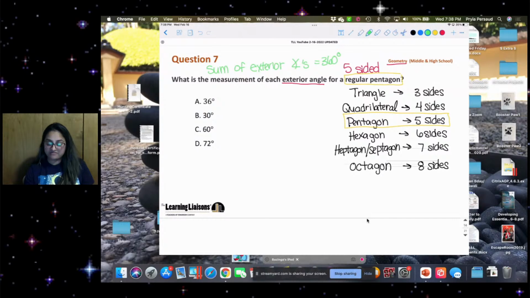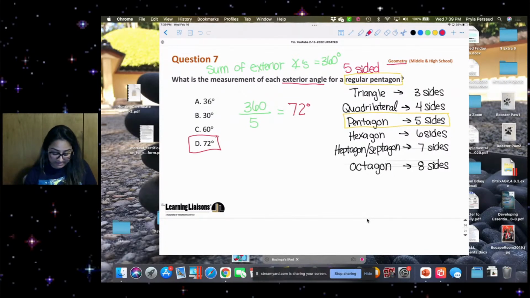So if I have 5 sides, I'll have 5 exterior angles, which means I'll take 360 divided by the number of sides I have, and that will tell me how much each angle actually is. So 360 divided by 5 gives me 72. Winner, winner, chicken dinner. All right, not too bad. That one's definition based.